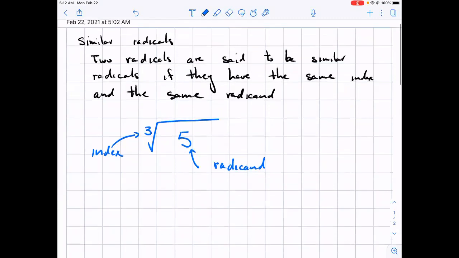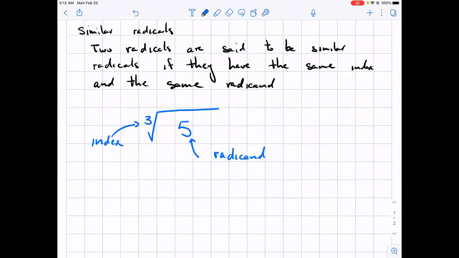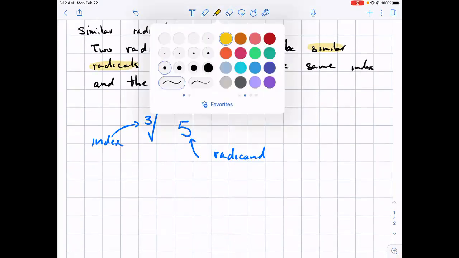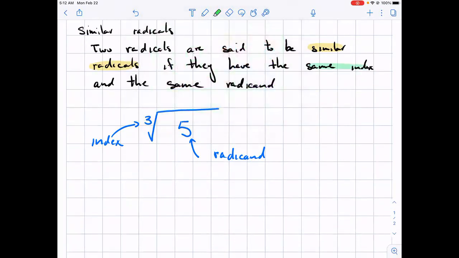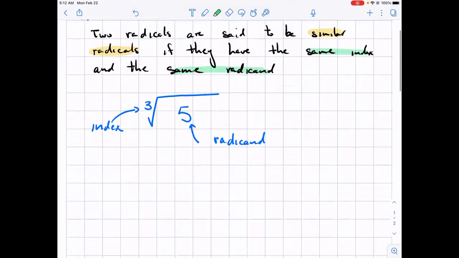In this case, the index is 3 and the radicand is 5. So whenever we talk about similar radicals, we have to make sure that they have the same index and the same radicand. That is key.